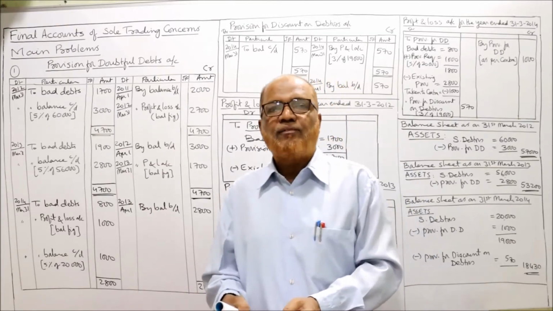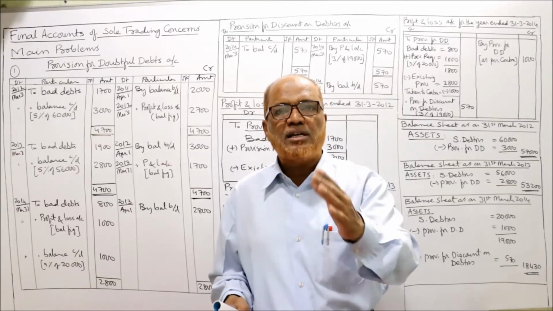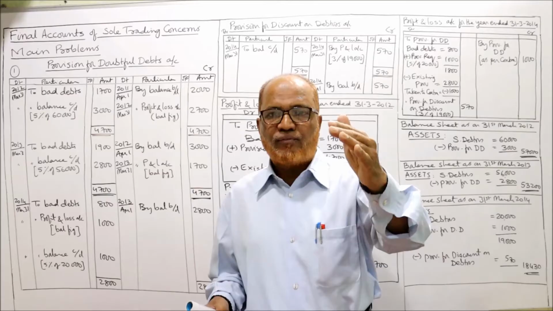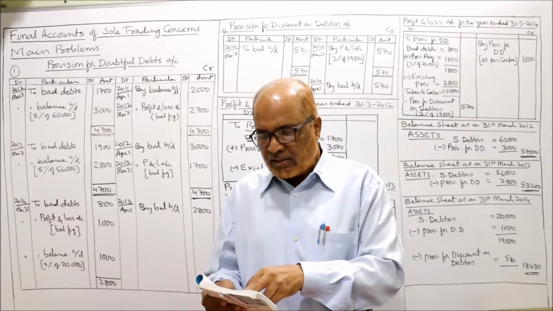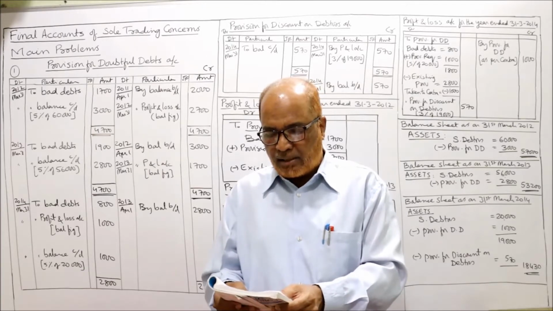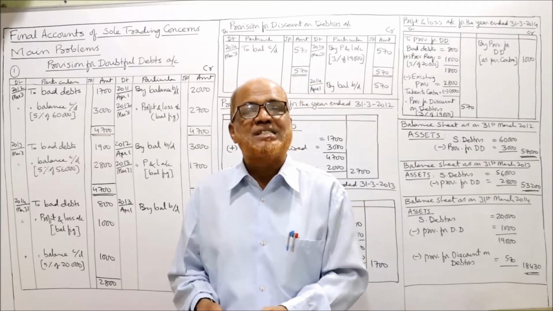Now during the year 31st March 2014, the financial year is 13-14. So 3 years data is given: 11 to 12, 12 to 13, 13 to 14. During the year 31st March 2014, the bad debts amounted to rupees 800 and the book debts on this date amounted to 20,000. Book debts means debtors.